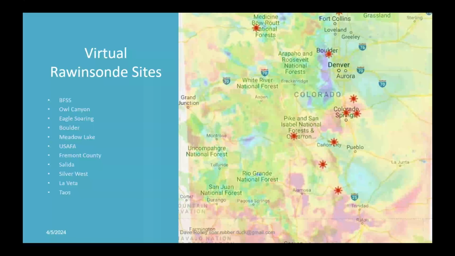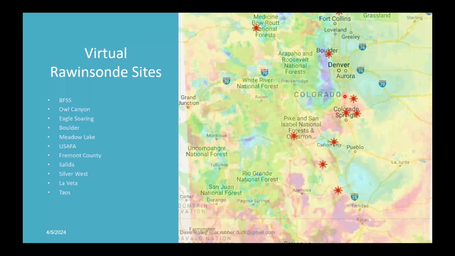Now, one of the things that the models allow us to do is create virtual sites. Remember I said that the radiosonde sites in Colorado were Denver and Grand Junction. Well, this is a tool that's run in the RASP, and each one of these little stars is a soaring site in Colorado.